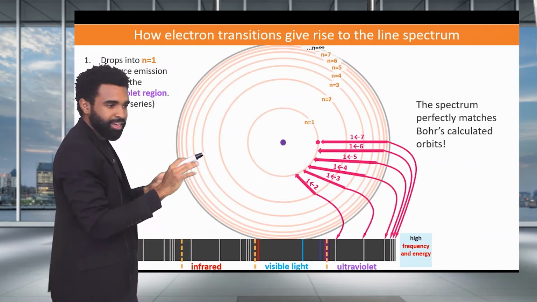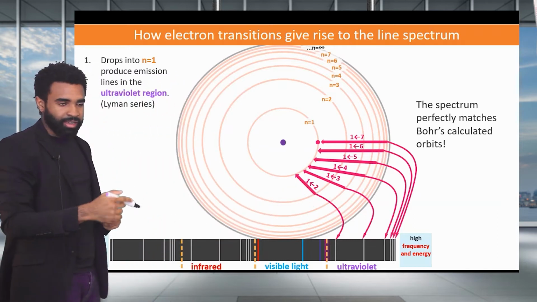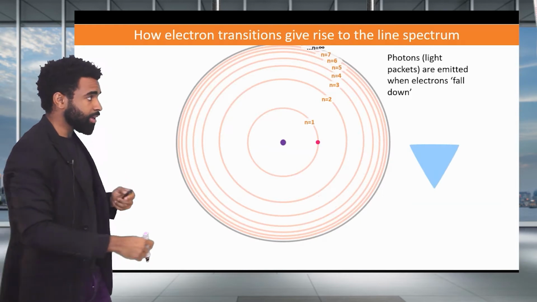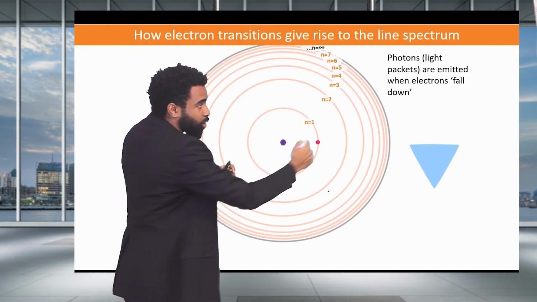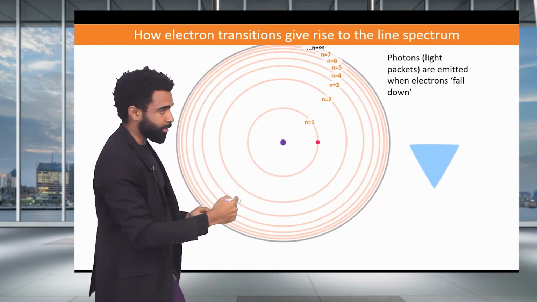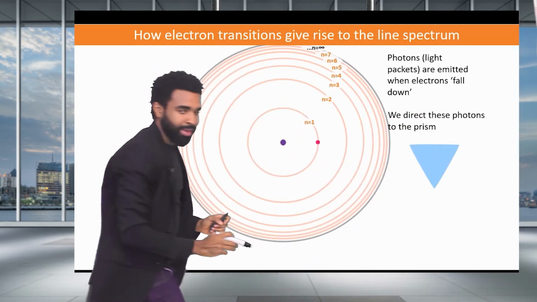Let's actually try and animate what's going on for the Lyman series so we can understand it in a bit more depth. So here's the idea. Again, a reminder that photons are light packets, and they're going to be emitted when electrons fall down to lower energy levels. And we're going to direct these photons to this prism somehow.